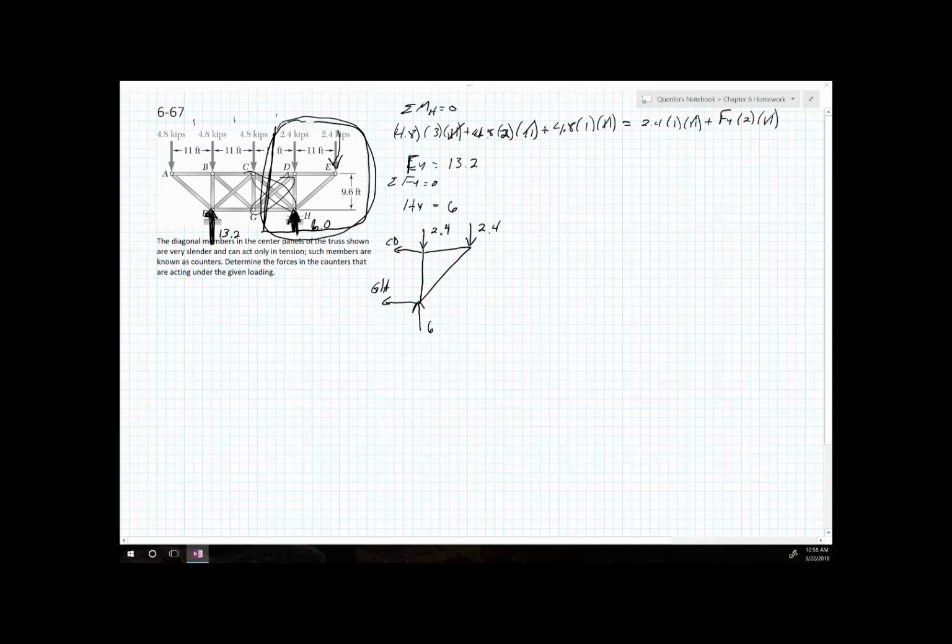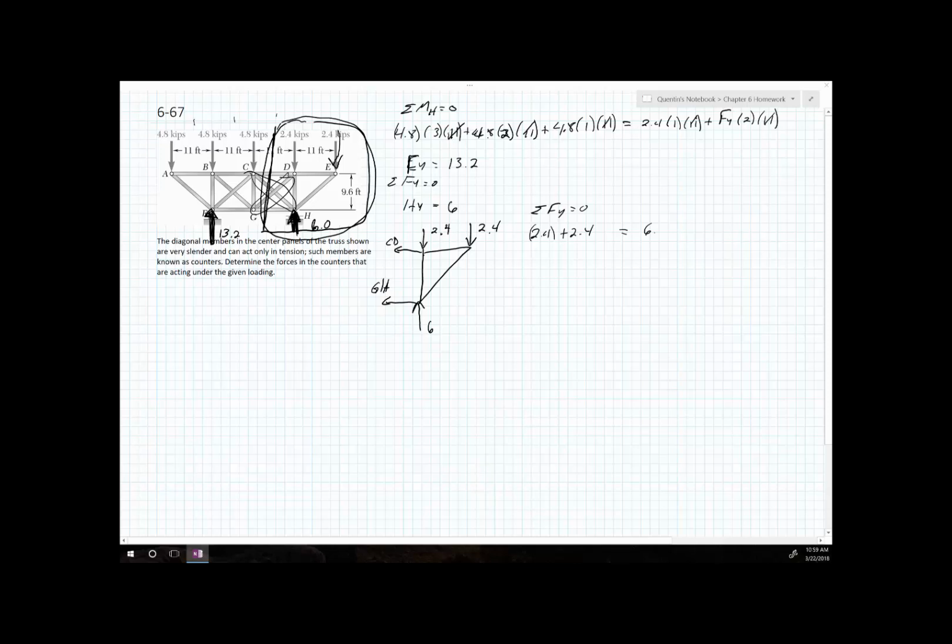So the question is, I have to pick one of them, right? I either have a force going off in this direction or a force going off in this direction, but not both. How do I know which one I have? I don't, is the short answer, so I have to guess. But I am going to be smart and guess one that makes sense. If I do my sum of forces in y equals 0, I'm going to have 2.4 plus 2.4, so those are my downs, and my ups is going to be 6.